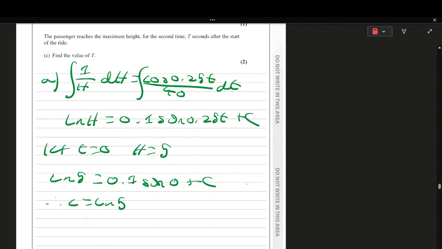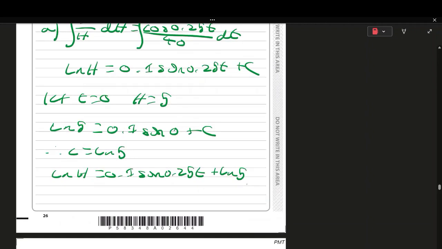And then, so we can write it as ln h is equal to 0.1 sine 0.25 t plus ln 5. Then bring the lns to the same side, so ln h minus ln 5 is the same as ln h over 5 is equal to 0.1 sine 0.25 t.